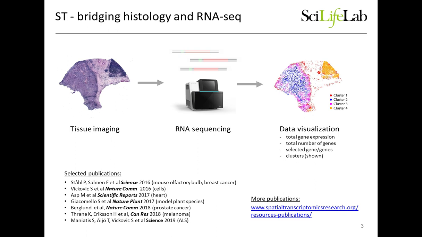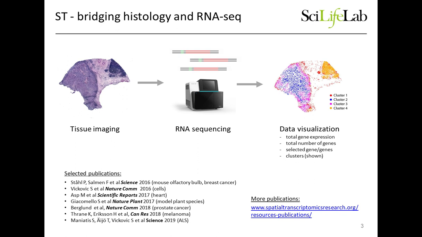This visualization can, for example, be the total gene expression or total number of genes detected, or you might want to see the spatial distribution of one or a few selected genes. This figure shows the location of clusters from melanoma data. Hanna will tell you more about these results later on, and I will also show more examples of data visualizations towards the end of this presentation.